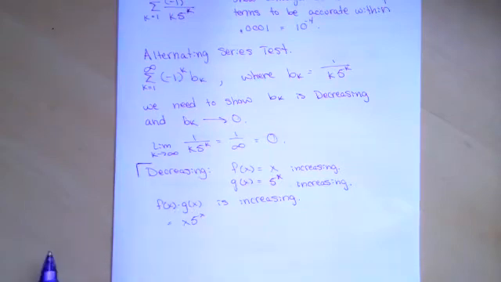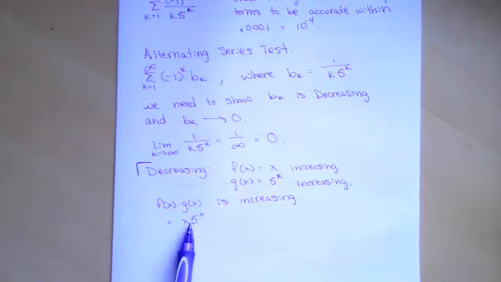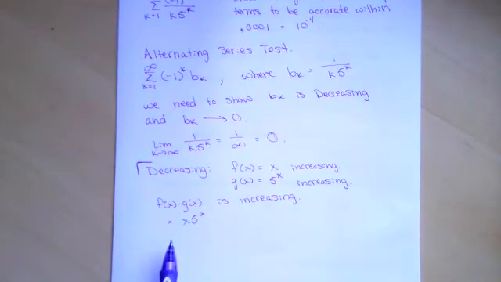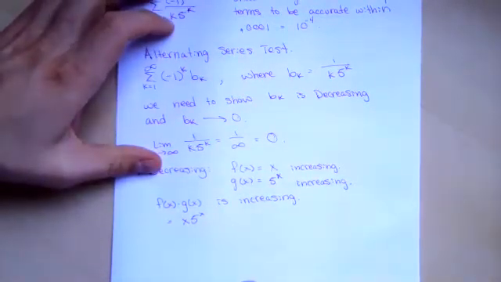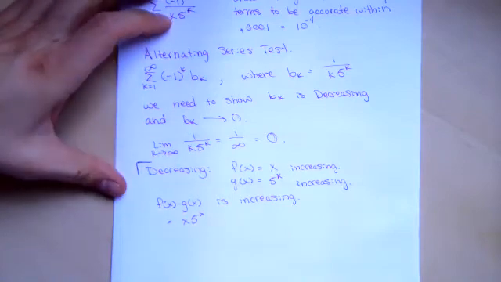Take a derivative again, right, and show that the derivative is going to be positive. As well as, right, x is always getting bigger and bigger, 5 to the x is always getting bigger and bigger. If I multiply those two quantities together, it's going to give me a new quantity that's still just getting bigger and bigger. Never dips down, never decreases. So our x 5 to the x is increasing.